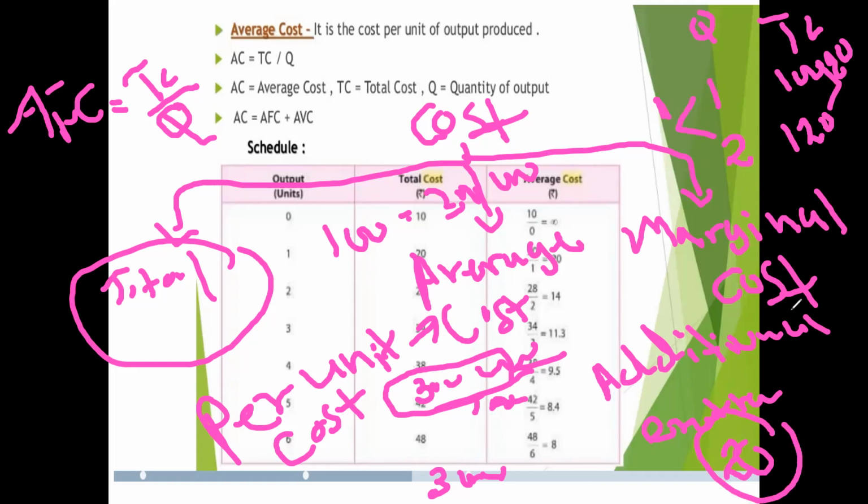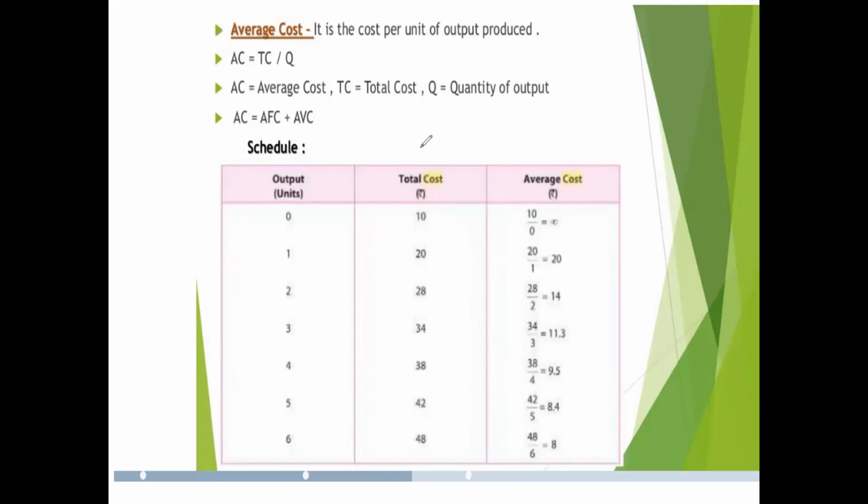Right? 20 units. Then if you are asked to calculate the average cost, that average cost is the per unit cost. Then how do we calculate it? TC divided by Q. Right? Otherwise AFC plus AVC.